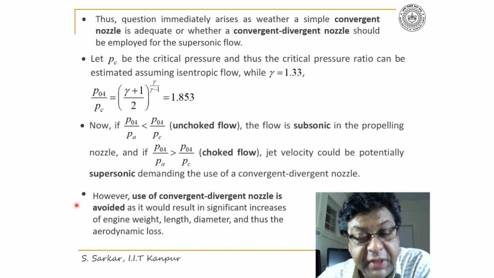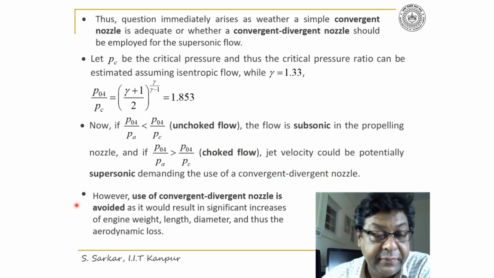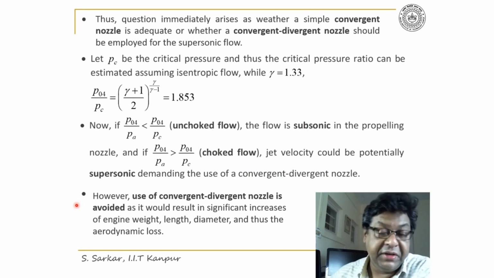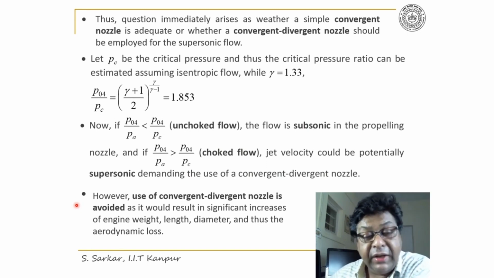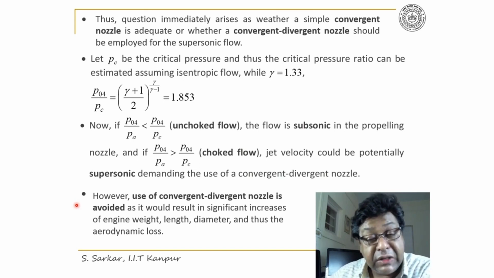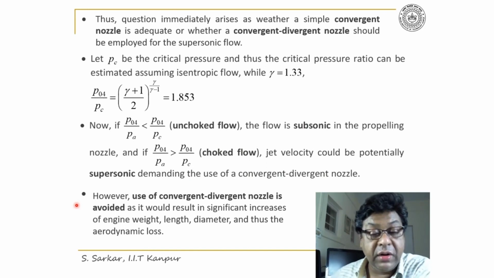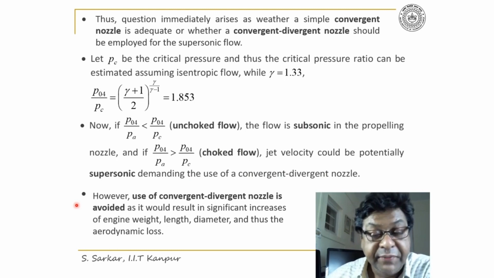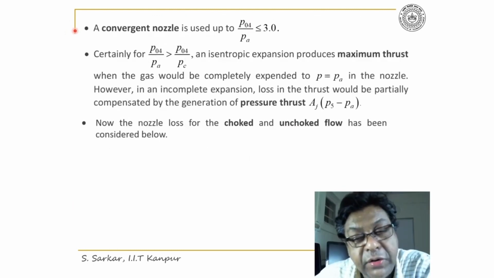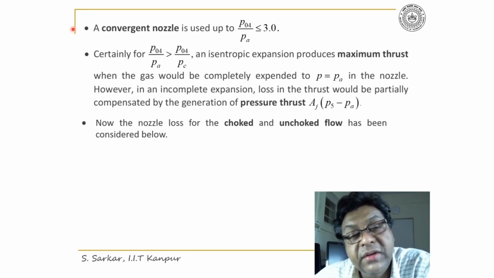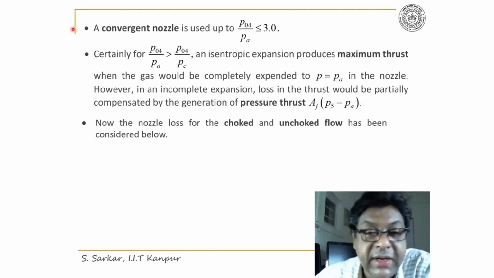So please note here that even when the atmospheric pressure is less than the critical pressure, we generally use the convergent nozzle, considering the fact that the use of a convergent divergent nozzle would create significant aerodynamic loss, engine weight, and length. Let me conclude here that a convergent nozzle is used up to a limit when P04/Pa is less than or equal to 3.0.